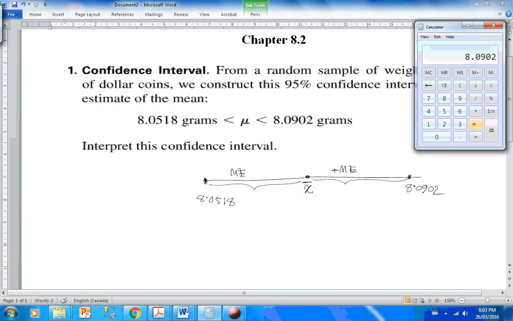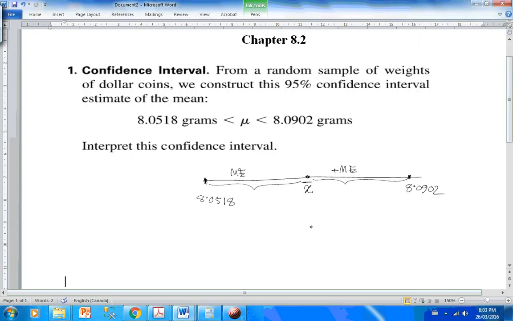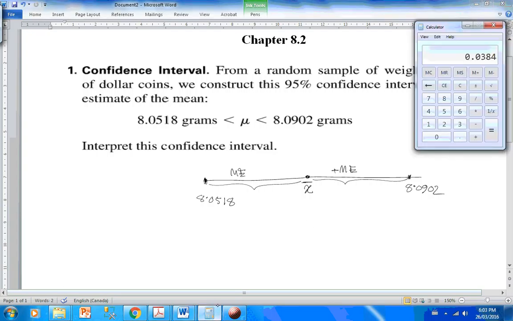I'll deduct the lower bound from it, which is 8.0518. And that gives me the total length of the confidence interval to be 0.0384.